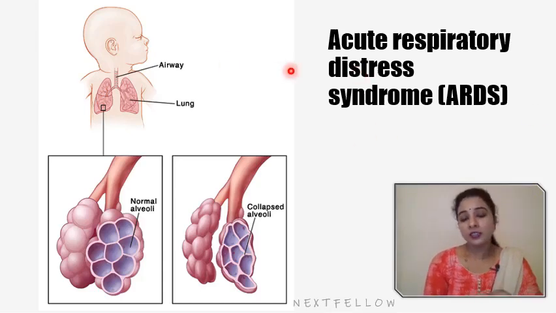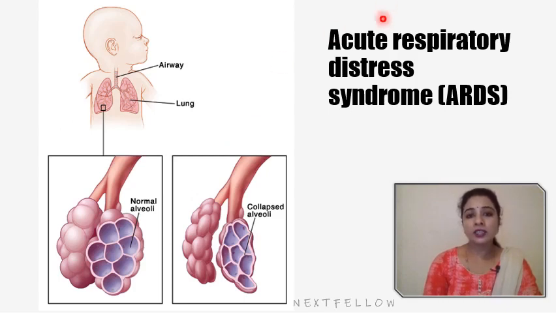So let's see some congenital anomalies. Acute respiratory distress syndrome occurs when fluid builds up in the tiny elastic air sacs in the lungs.